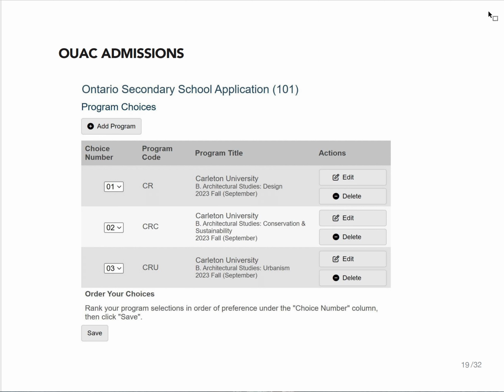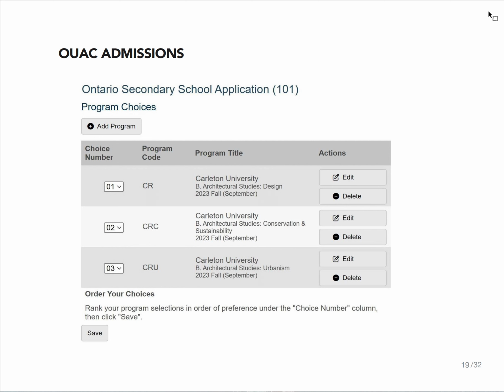The ones for conservation and sustainability will go to the conservation and sustainability committee, and the design ones will go to design. So if you have as your ranked choice design, but you'd actually rather go into urbanism, it's going to be the wrong admissions team that adjudicates your portfolio. And if they accept you, you are now a design student as opposed to your preferred urbanism major.